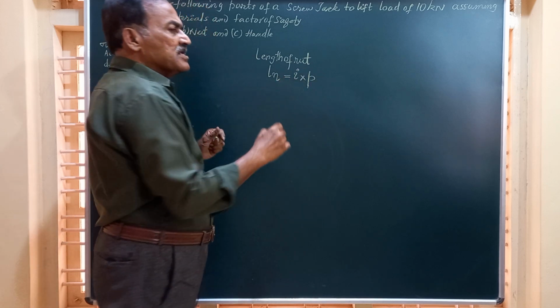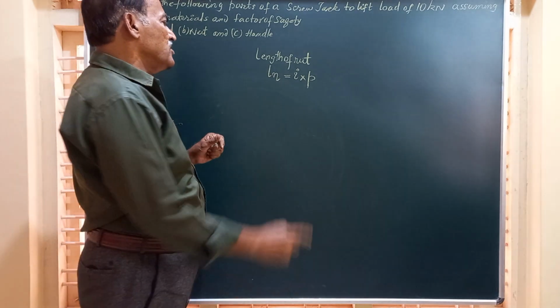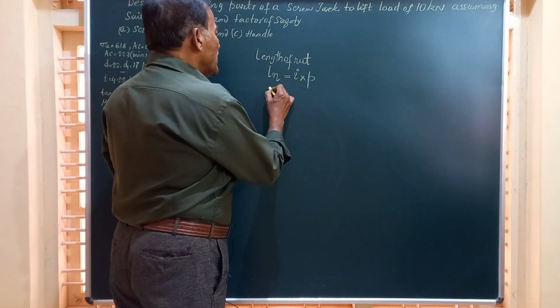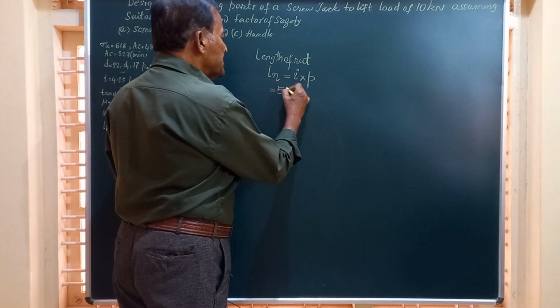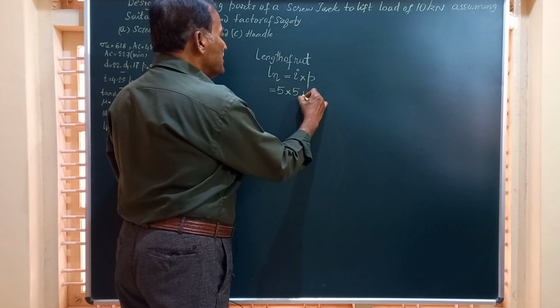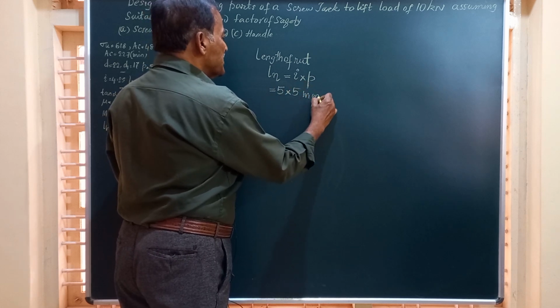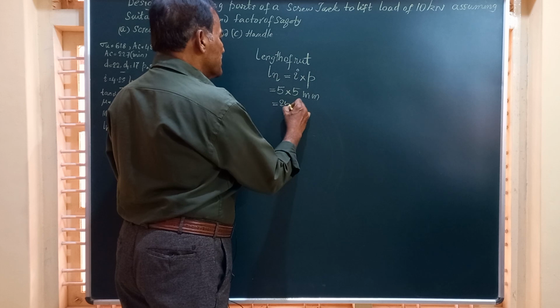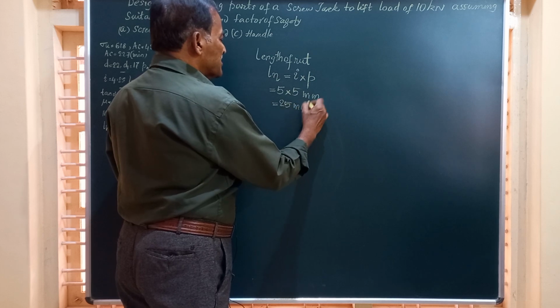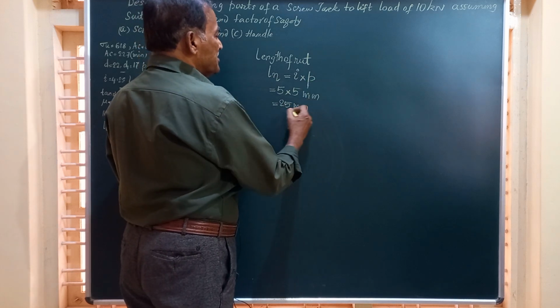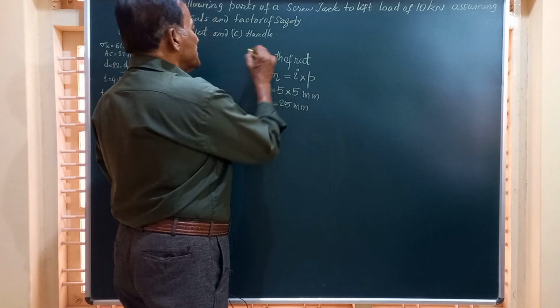This is again given in the machine design data handbook. This is given directly. So we have i equal to 5 threads, pitch equal to 5 millimeter. So you get totally 25 millimeter as the length of nut. So 5 into 5. This is the length of nut.